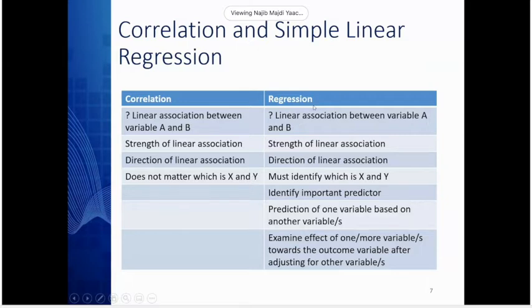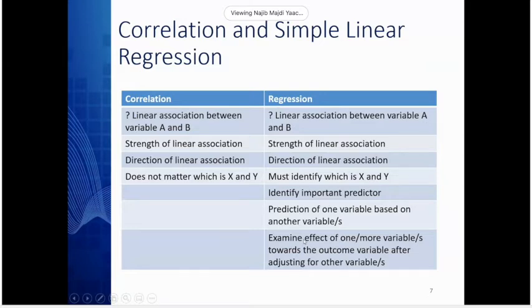Whereas for regression analysis, you must be sure which one is the X and which one is the Y dependent variable. Regression analysis also, you can identify important predictors for Y. You can identify whether X is an important predictor for Y or not. So if X is an important predictor, you can predict Y based on X.